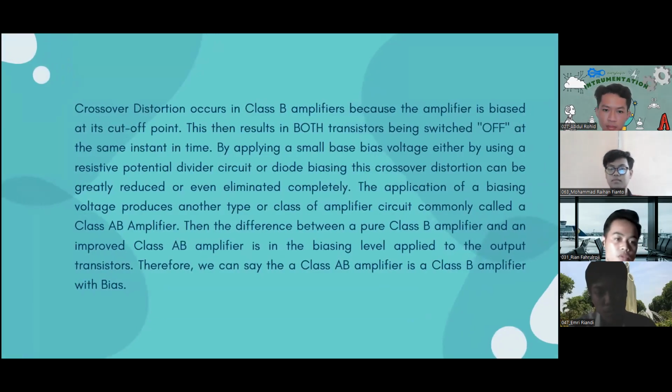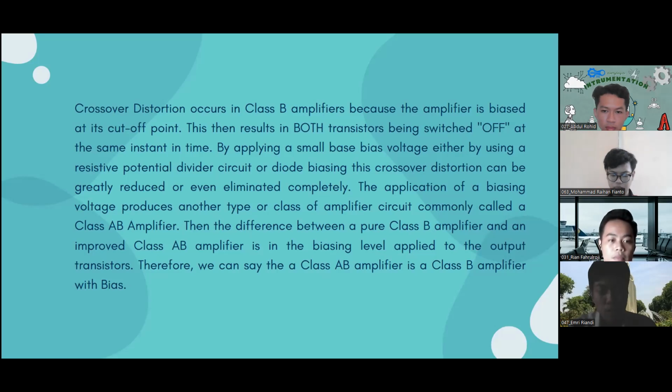Crossover distortion occurs in Class B amplifiers because the amplifier is biased at its cutoff point. This results in both transistors being switched off at the same instant. By applying a small base bias voltage, either by using a resistive potential divider circuit or diode biasing, this crossover distortion can be greatly reduced or even eliminated completely.